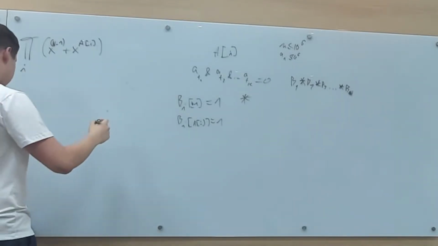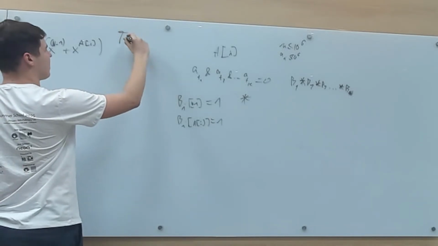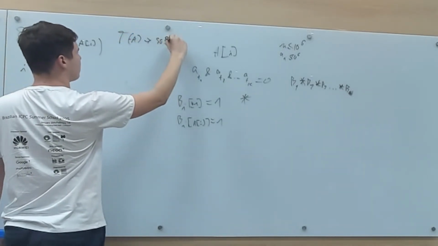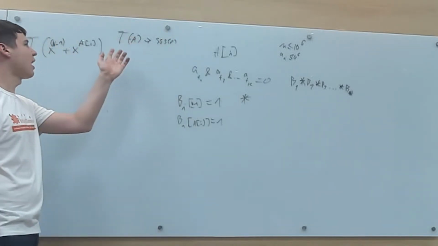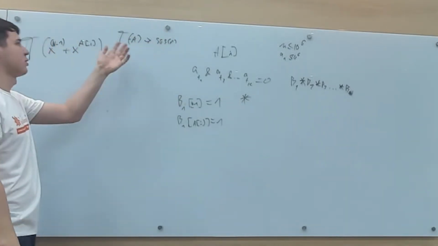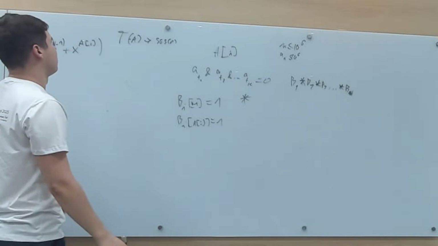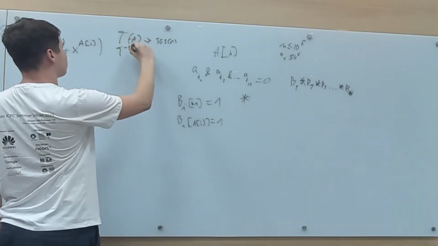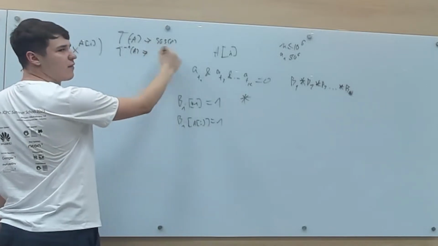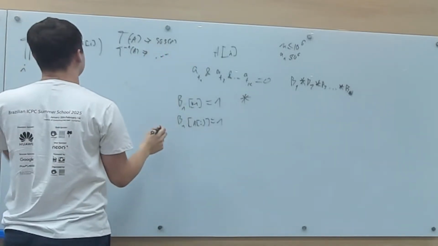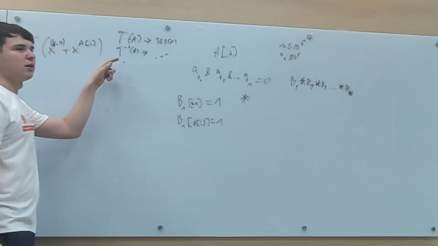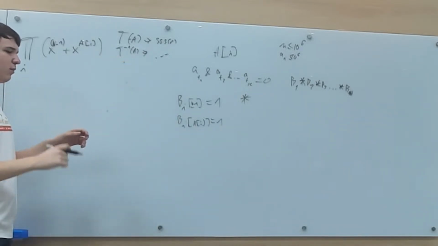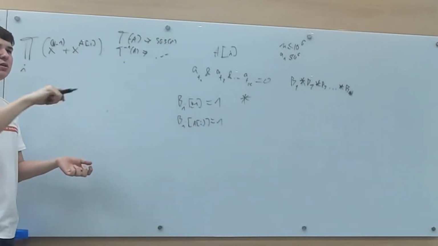Let's denote by T of A the sum over supersets, T minus 1 of A the reverse transform, and a single dot be a pointwise product, so we are multiplying at each position.